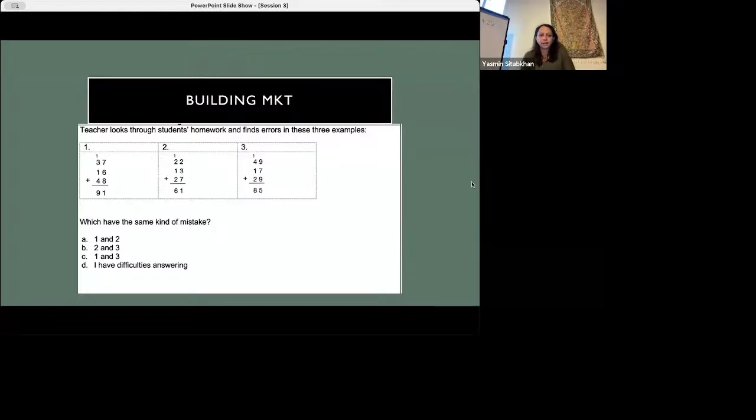So I see lots of people are saying C, 1 and 3. Any other answers? Any A's or B's? Lots of C's. So someone that picked a C, can you tell us why?